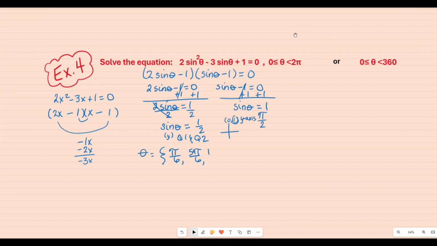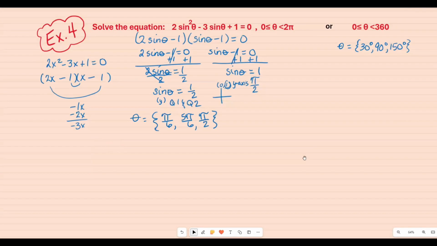All right, so pi radians over 2 goes here. So that's my set in terms of radians if I'm following this interval. But if I'm over here, as I mentioned before, it's going to be the set of 30 degrees, 90 degrees, and 150.